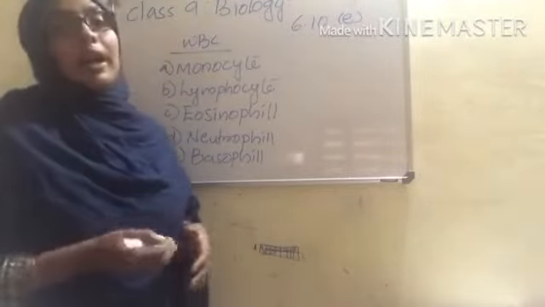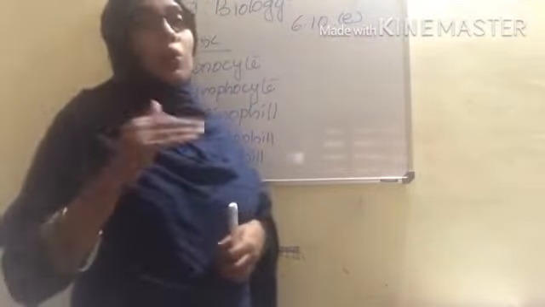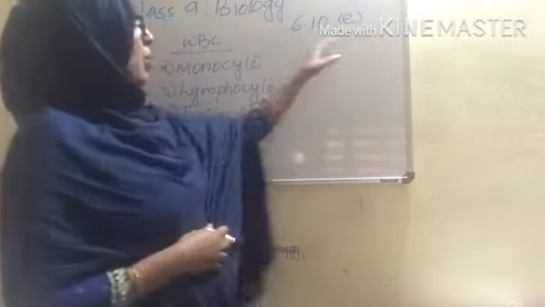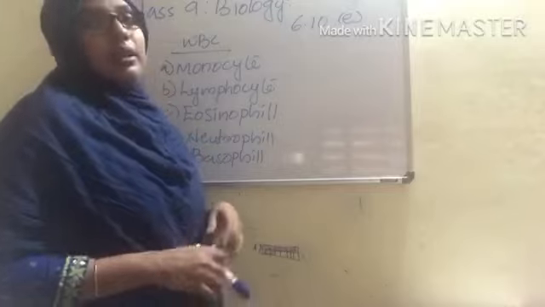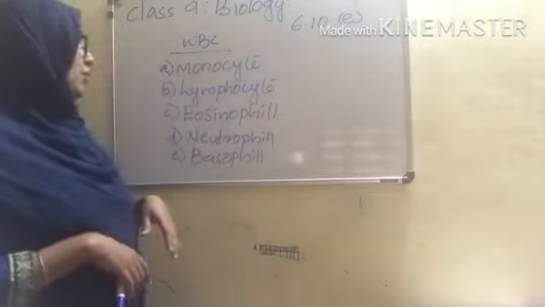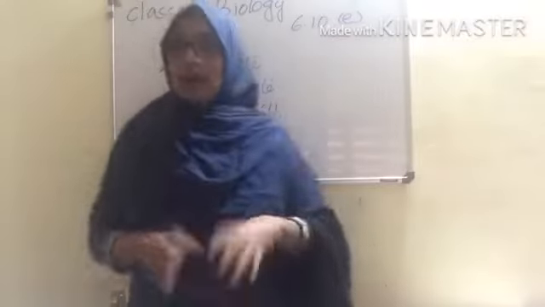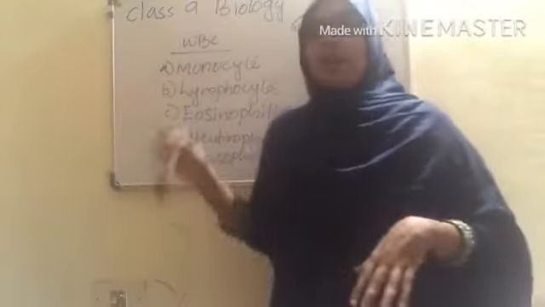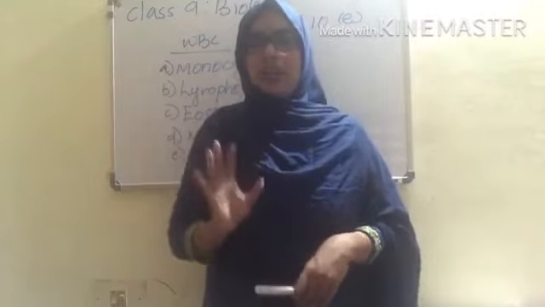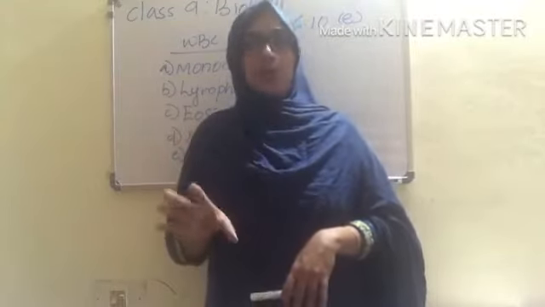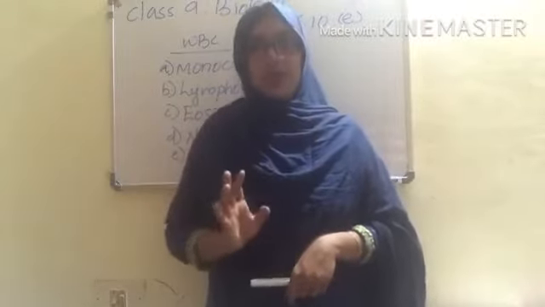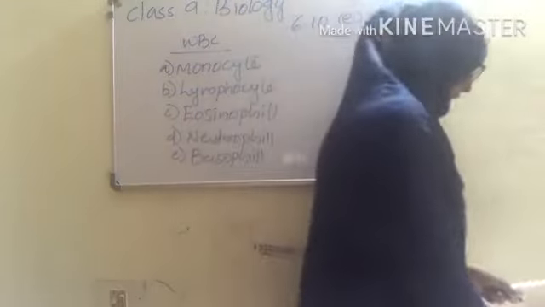No need to go for further details. And in this figure 6.10 E, the shapes of the different types, monocytes, lymphocytes, eosinophil and others, are given. So these are the 5 types of WBC. Clear? No need to study, no need to draw, nothing. But for your general clarification, I just told. Okay? I hope it's clear to you.